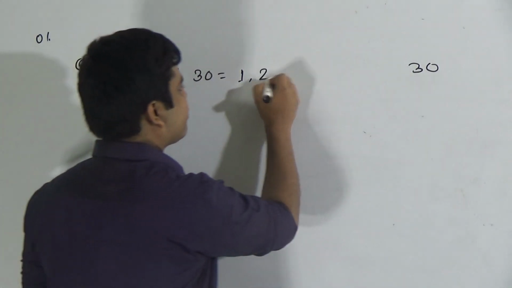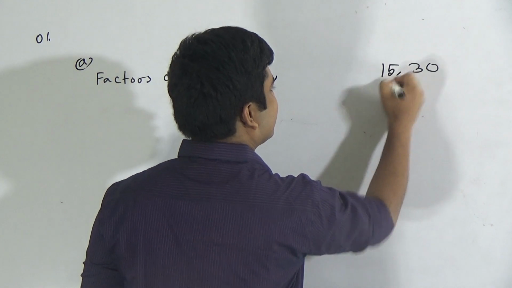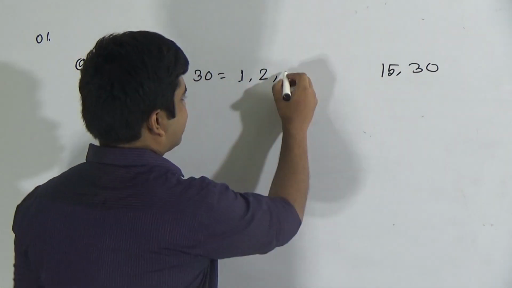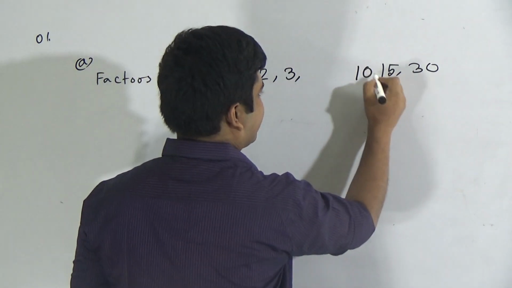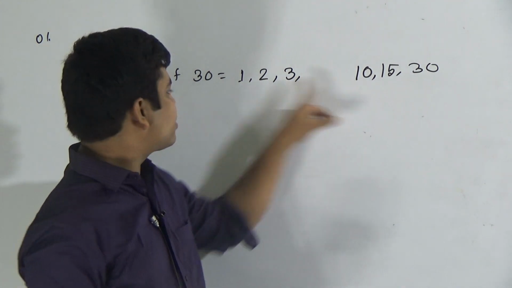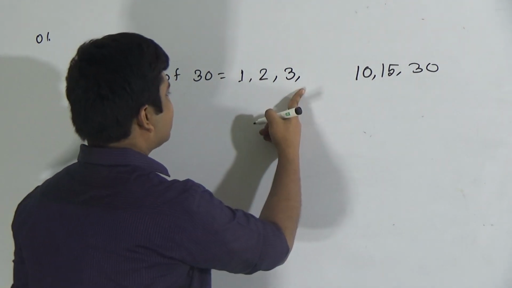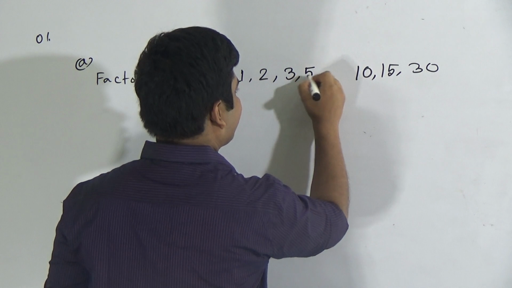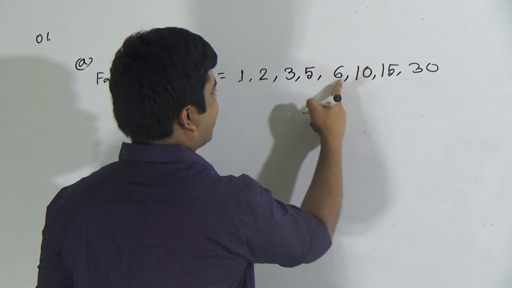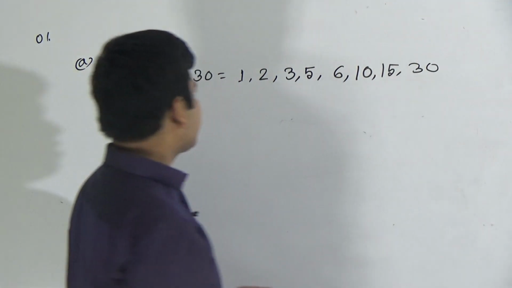Next, 2 and 15. 2 15s are 30. So 2 and 15 both are factors of 30. Next, 3 and 10. Notice, 3 10s are 30. So 3 and 10 both are factors of 30. Again, 4 no, 5 6s are 30. Then 1, 2, 3, 5, 6, 10, 15, 30, these 8 numbers are factors of 30.